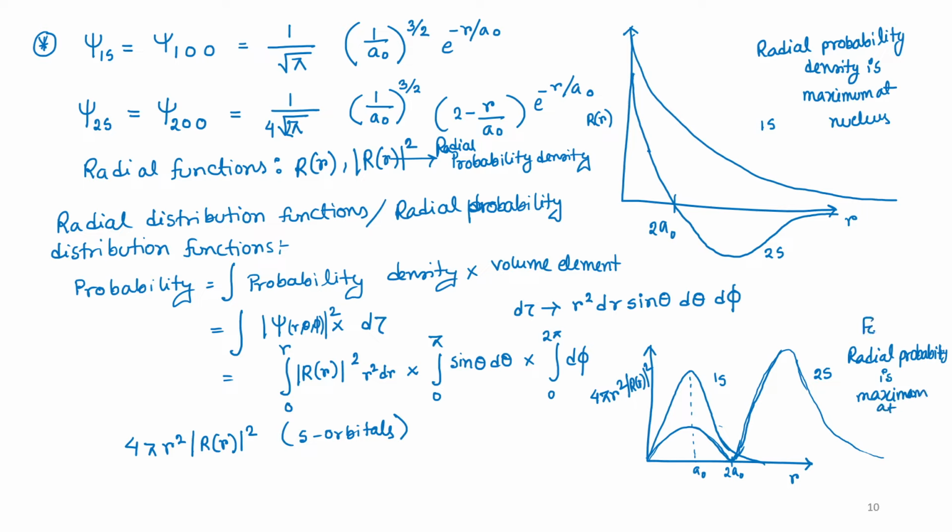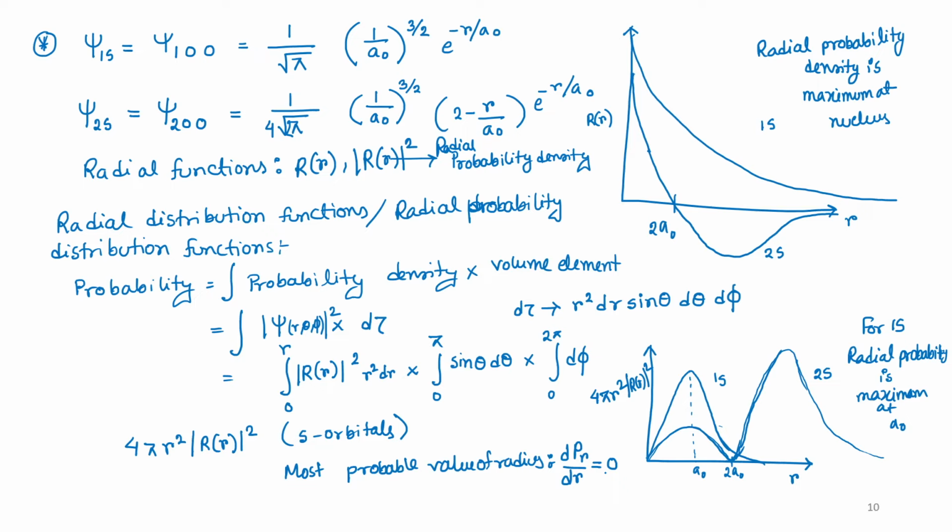So for 1s at a0, how will you get that? That most probable value of the radius you will get by first getting the probability function, and then differentiating with respect to r and making it 0.